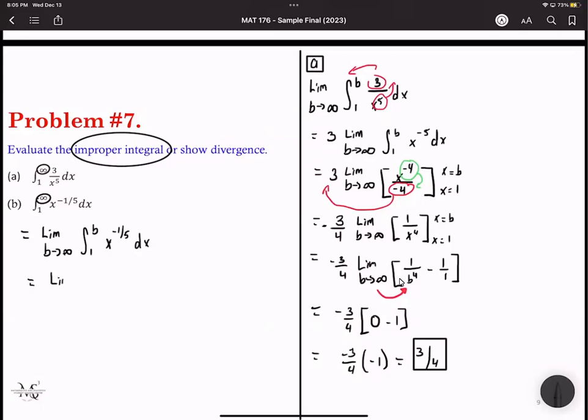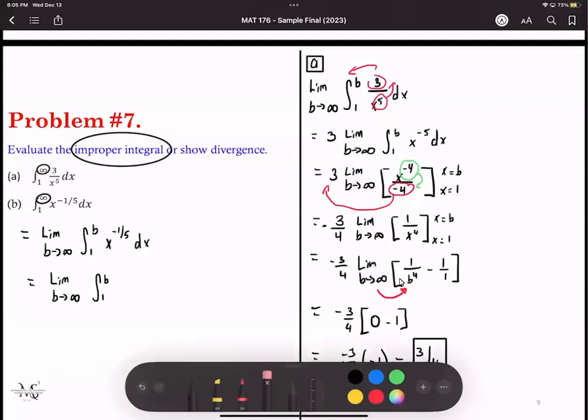So you get the limit as b approaches infinity from 1 to b. Well, sorry, I'm computing the integral, so I don't need the integral symbol there anymore. I need my brackets. If I do negative 1/5 plus 1, this is essentially 4/5 because you could rewrite the 1 as 5/5, right?